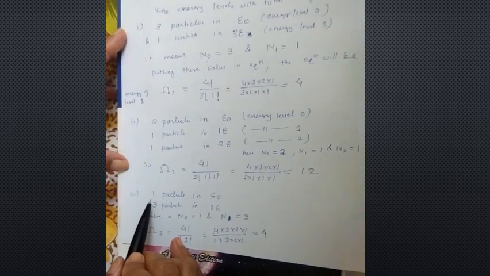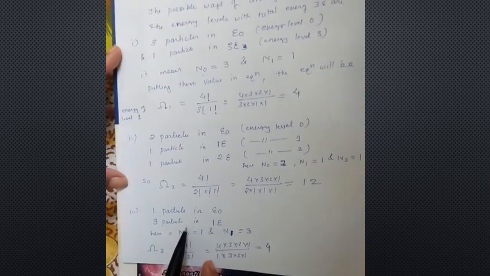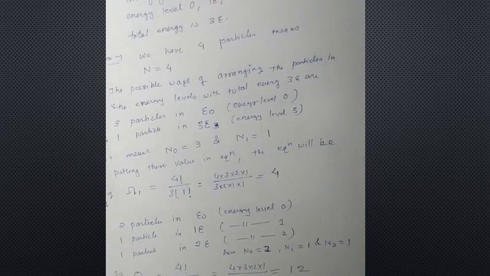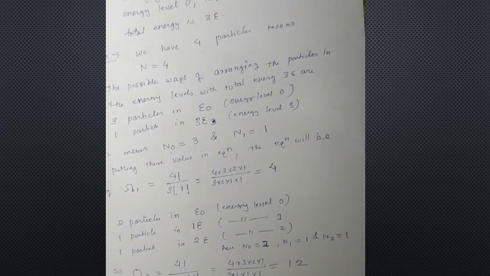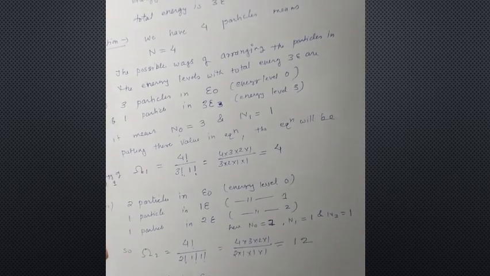The last possible way is where one particle is in energy level 0 and 3 particles in energy level 1. So here n0 is equal to 1 and n1 is equal to 3. So W3 is given by factorial 4 upon factorial 1 into factorial 3, which will give the answer 4.